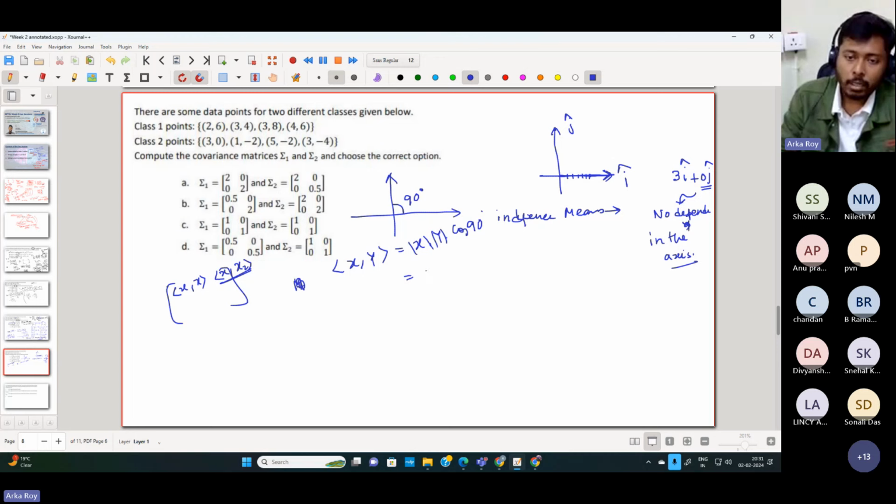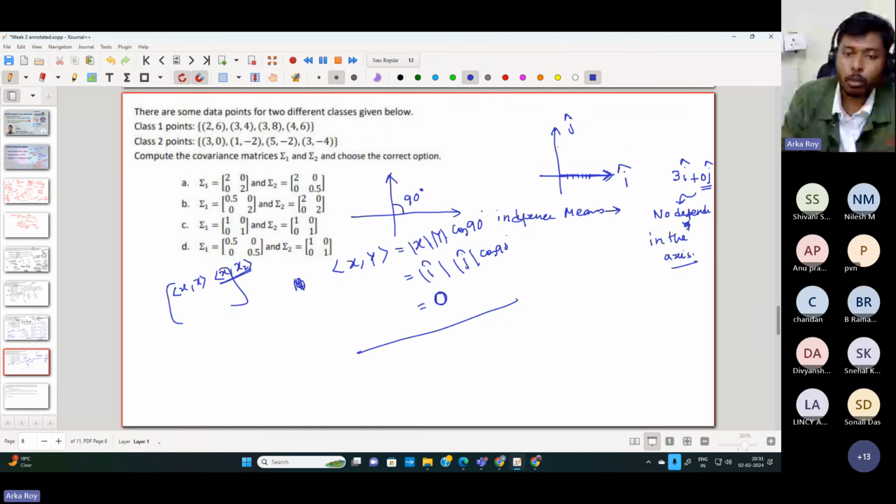In the x-axis, the unit vector is I cap; in the y-axis, the unit vector is j cap. And you write cos 90. So what is the output? The output is 0. This is the reason why we always consider these perpendicular lines or unit vectors to be perpendicular to each other.